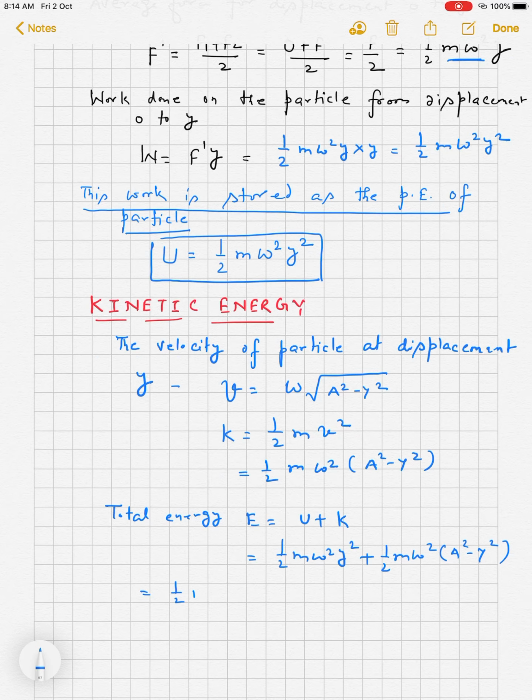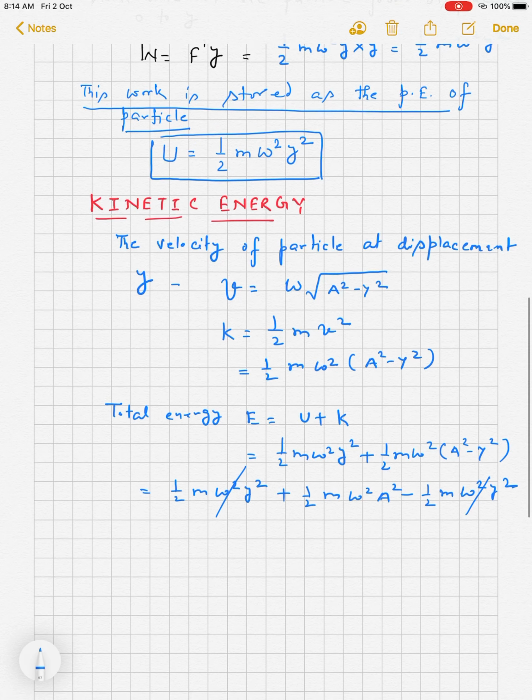Solving this, half m omega square y square plus half m omega square a square minus half m omega square y square. This term is cancelled out, so we have only E equal to half m omega square a square. So the total energy of the particle does not depend upon time or displacement. The total energy of the particle executing SHM remains constant.